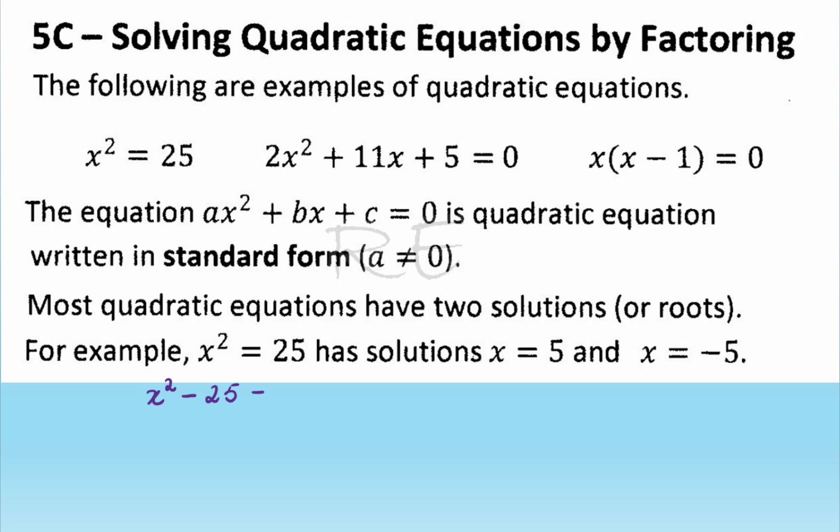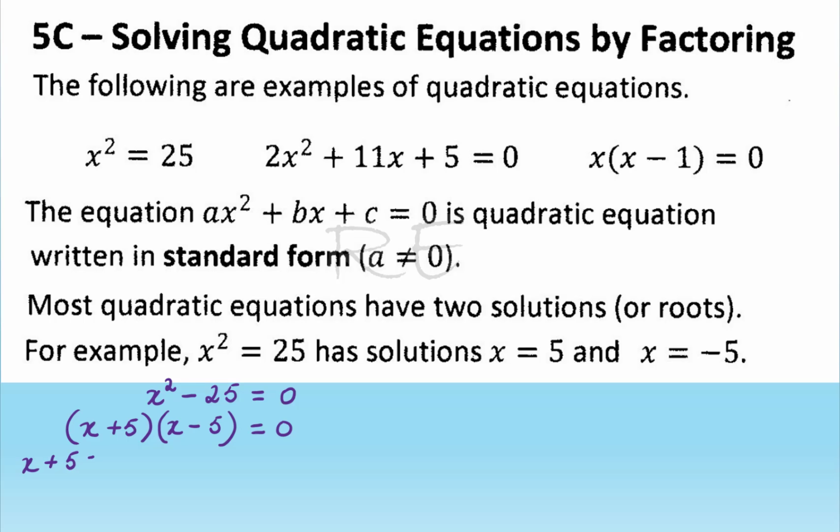The way we solve x squared minus 25 equal to 0 is very simple. We factor the difference of two perfect squares. x squared minus 25 is equal to x plus 5 times x minus 5.